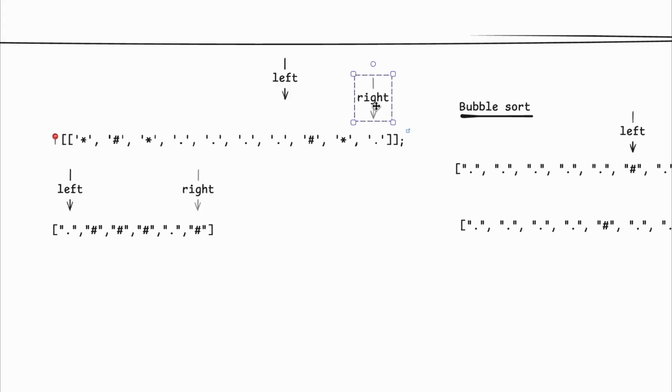For example, we have our right and left pointers. We always start with the rightmost pointer until we reach the left side. So we have a left pointer and a right pointer and start looking for the appropriate char.